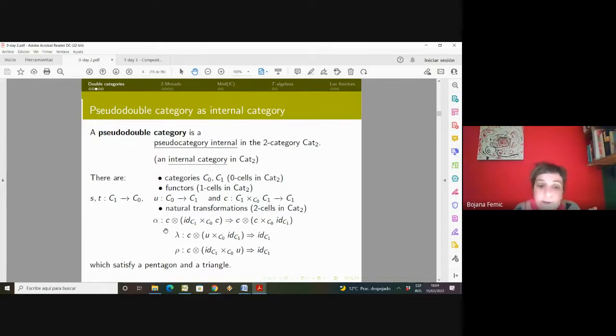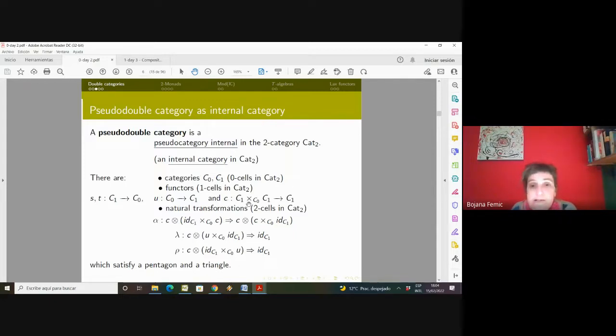And now this alpha, lambda, and rho, as always, need furthermore to satisfy the pentagonal and triangular equations. I don't write them out. It is a nice exercise to see how it looks, but for me it's now important that you see the concept. And you can immediately see the difference between a strict double category and a pseudo double category.